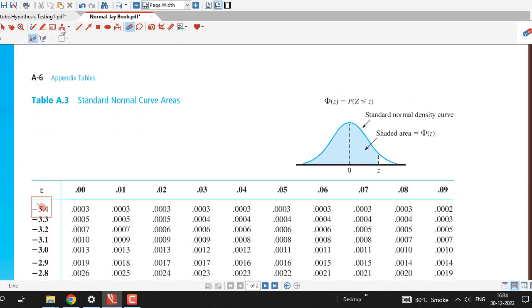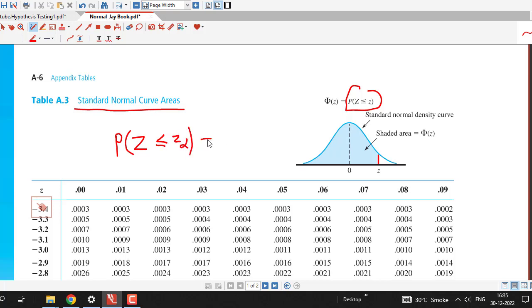This we can decide using the cumulative normal probability tables for a standard normal random variable. You can see this table here. These are the tables for standard normal curve areas, and the values in the table are areas to the left side of Z. We are not interested in the area, we are interested in the value of Z such that the area to the left of Z alpha is 0.95.